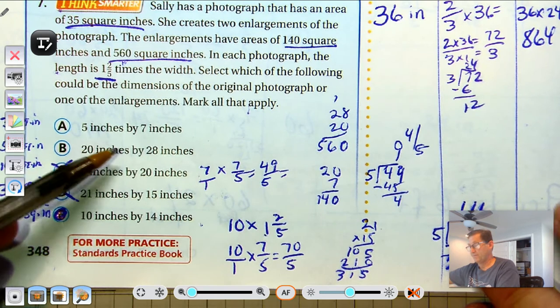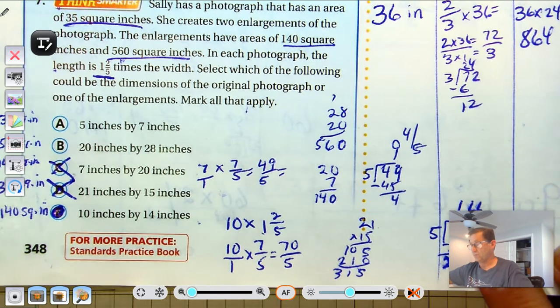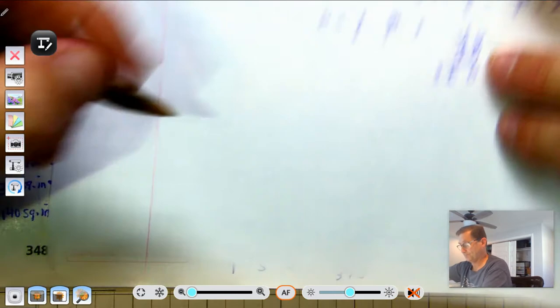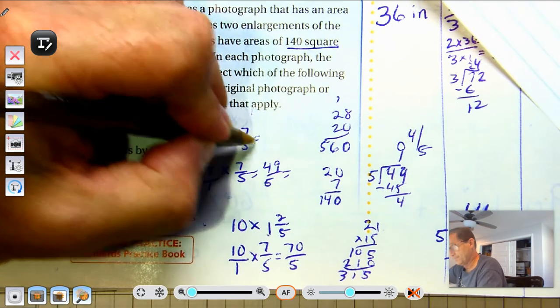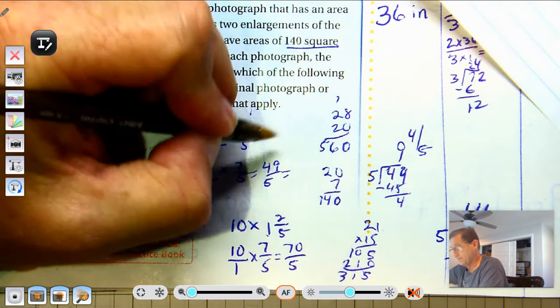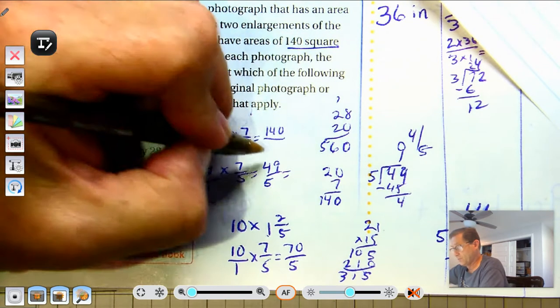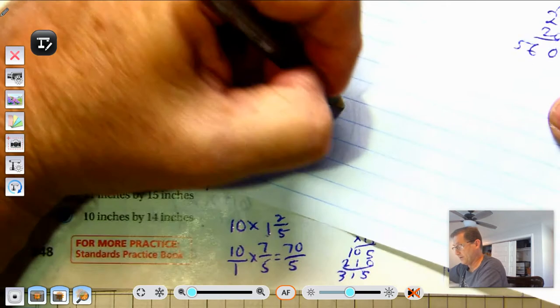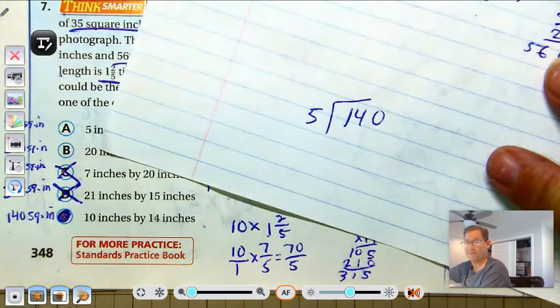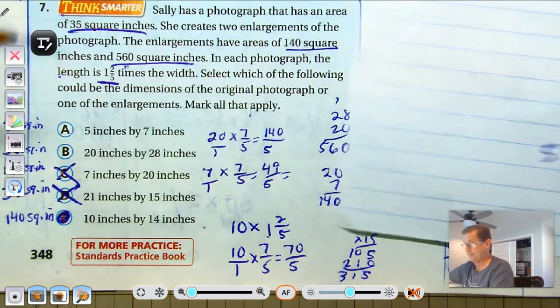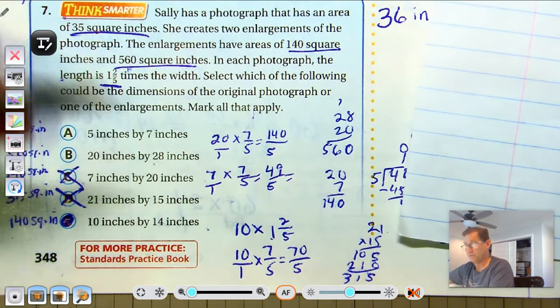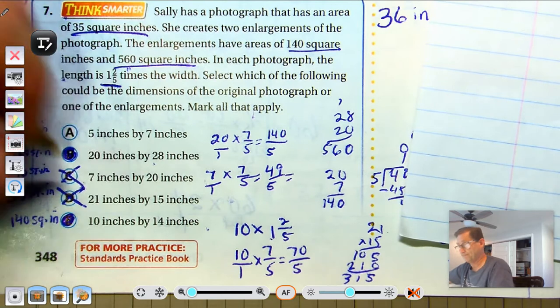20 by 28. So multiply 20 by 7/5. 7 times 20 is 140 over 5. 140 divided by 5 is 28. That's what the other number was. So that one works.